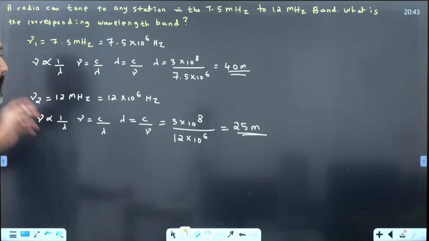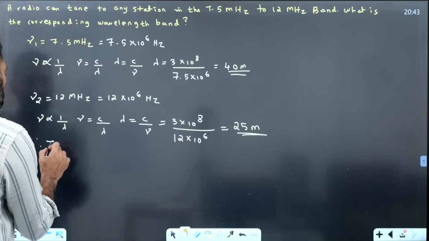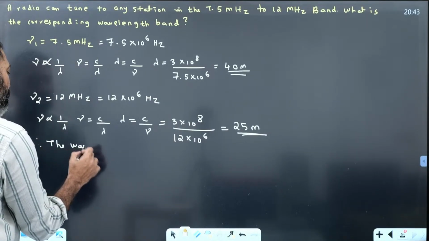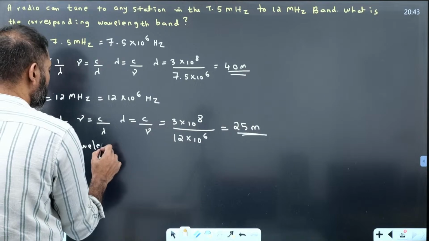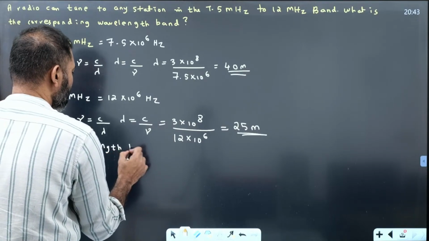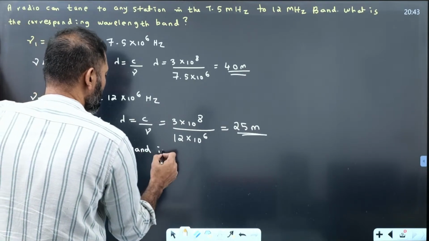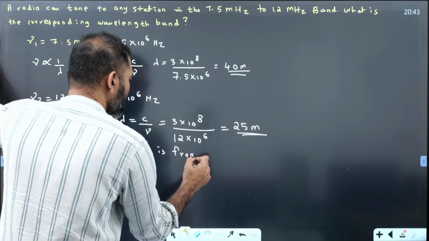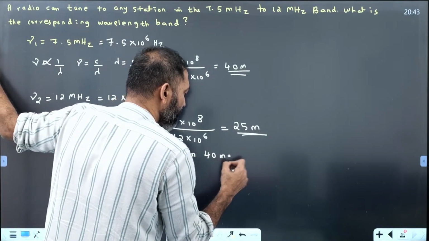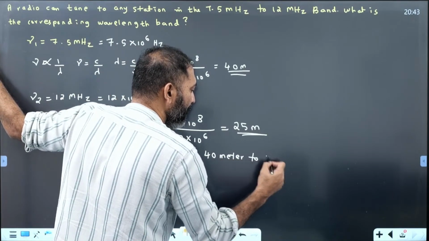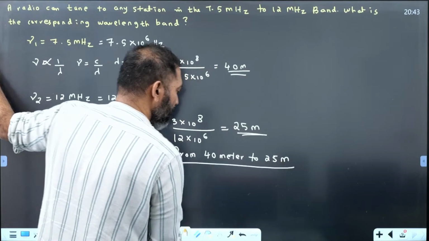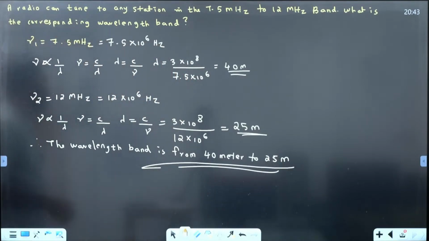Therefore, the wavelength band is from 40 meter to 25 meter. Any doubt?